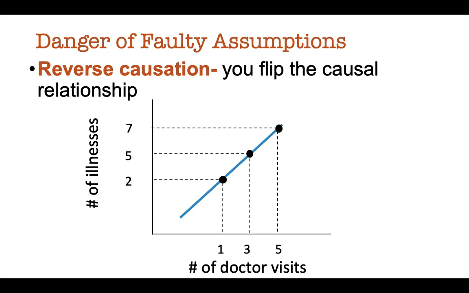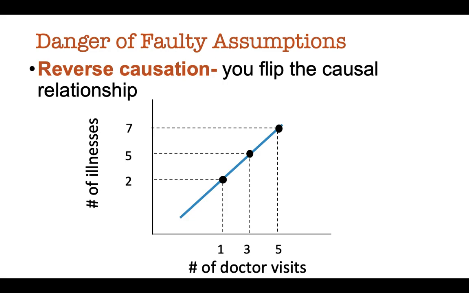So here in this scenario, it would be easy to see a causal relationship. But sometimes, if you get so set on your model, you might confuse which variable is the independent versus the dependent variable.